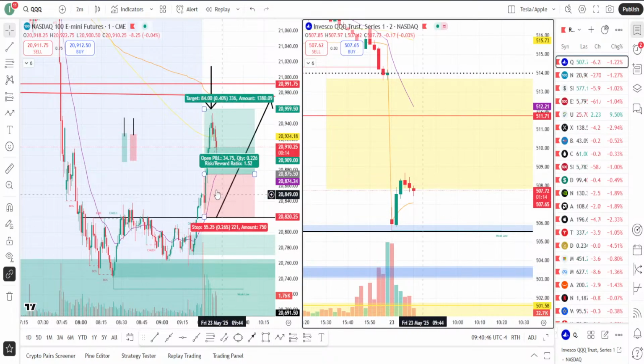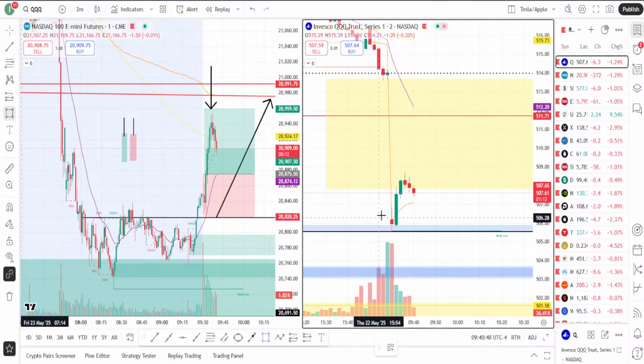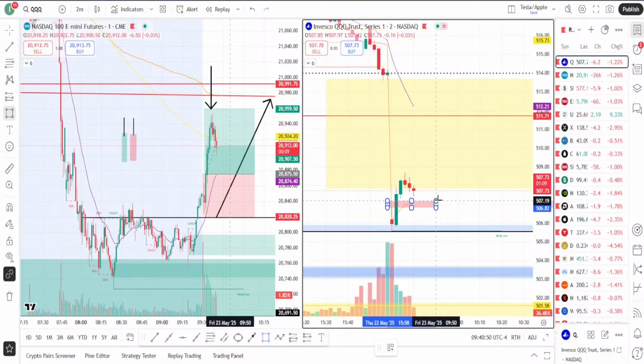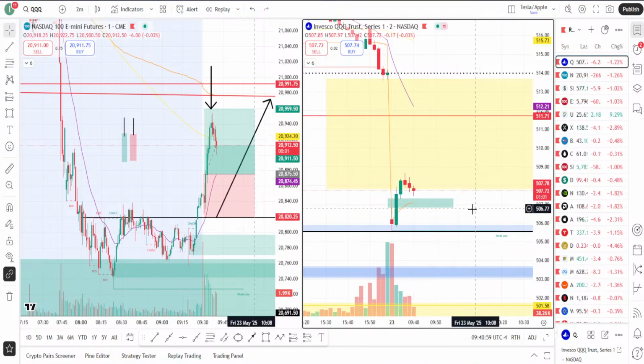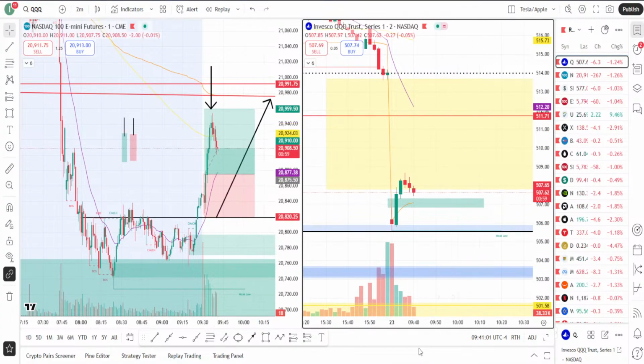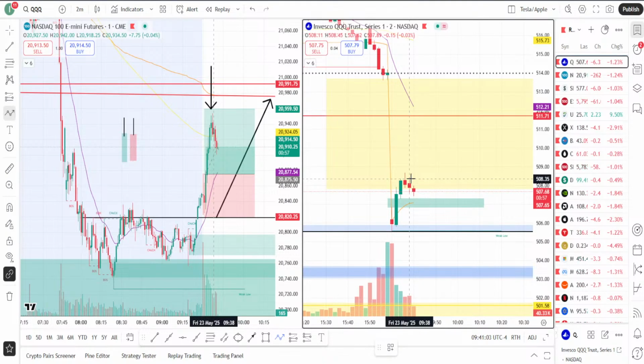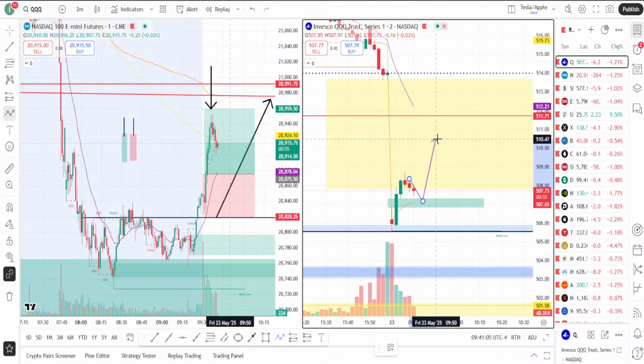There's a small bullish fair value gap here. Looking for price to hold above here. Perhaps can pull back, push up.